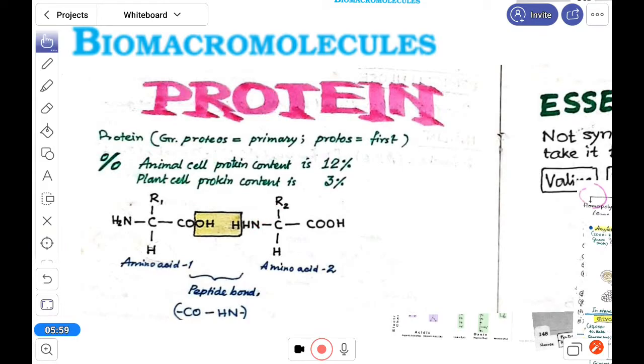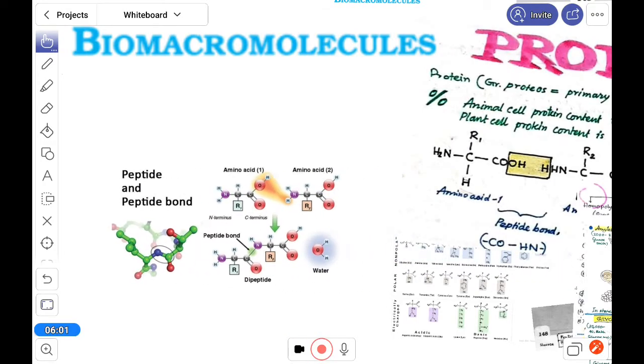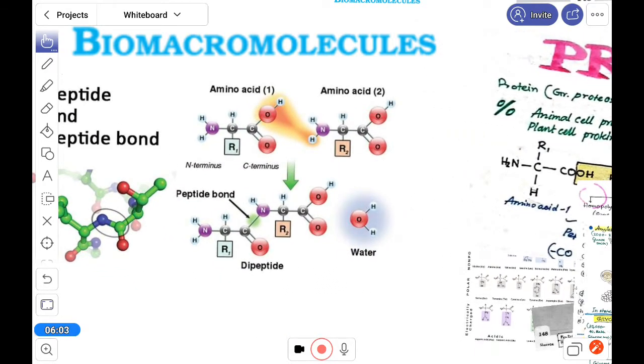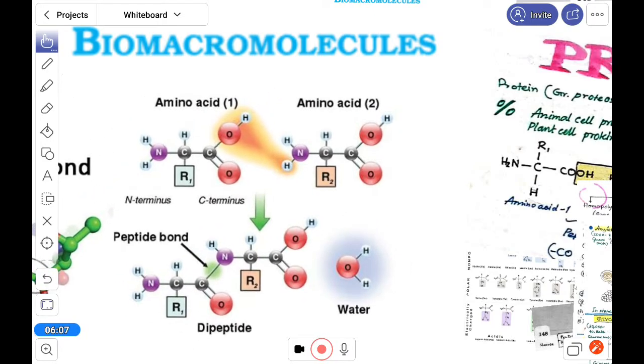Okay. See this one, here also the same thing is there in another graphical pattern. You can see that this water molecule moves out, and the peptide bond forms, and it forms the dipeptide, and water is removed.